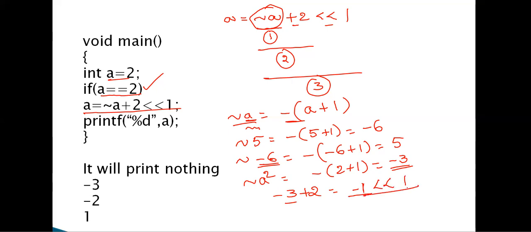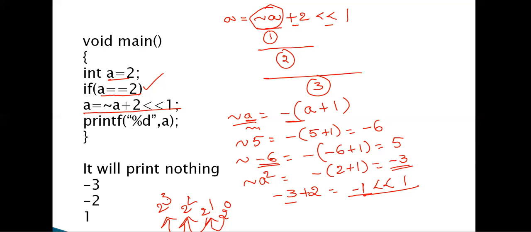What does left shift do? Simply move the bits to the left side. If we are moving bits to the left side, simply, the 2 power 0 value moves to 2 power 1, 2 power 1 moves to 2 square, 2 square moves to 2 power 3. What happens? The value becomes double. Initially, for example, at position 2, it moves to 4.